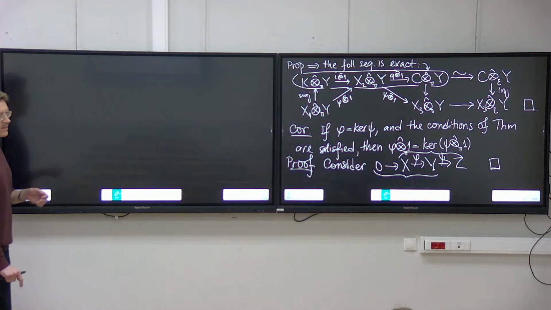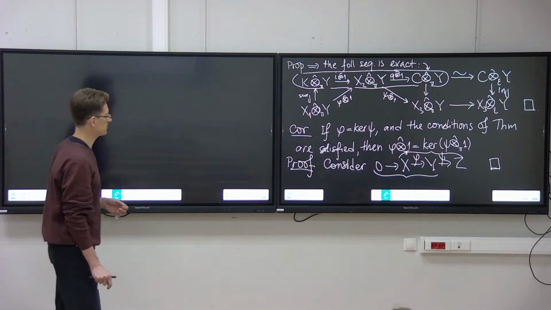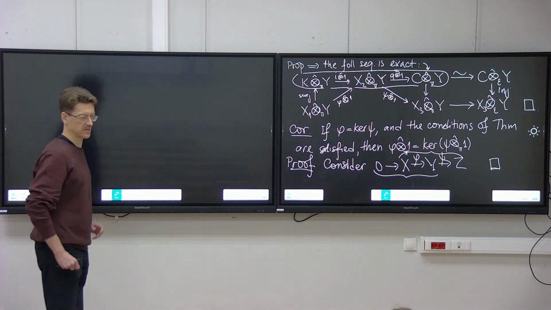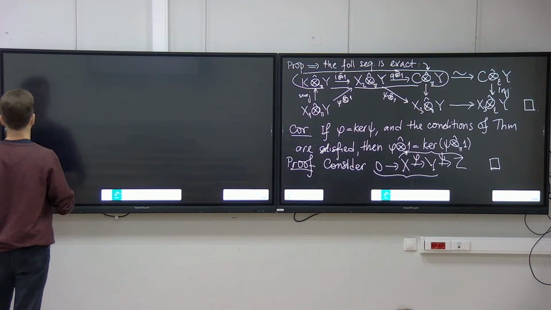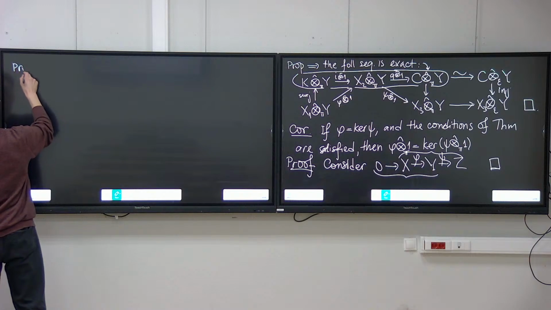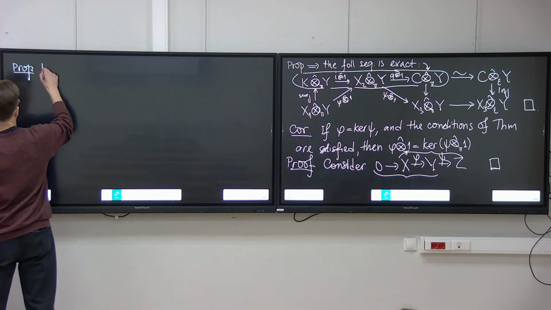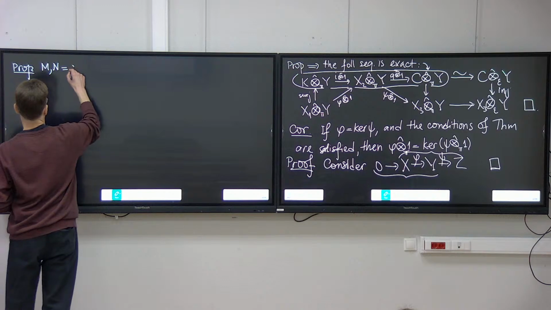Okay. As an application of this result, let's now discuss tensor products of spaces of holomorphic functions. Suppose that M and N are complex manifolds.